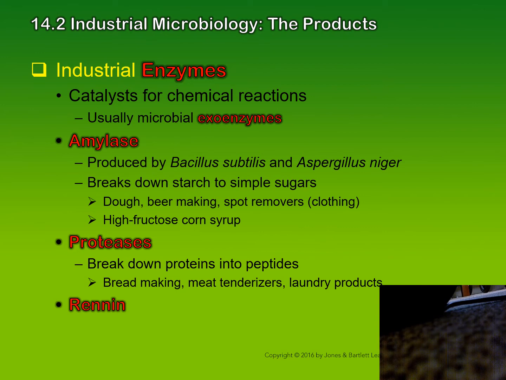Any kind of shake-on meat tenderizer is probably going to have some proteases in it. Okay, so renin, that's the enzyme that's going to curdle the milk for making cheeses.